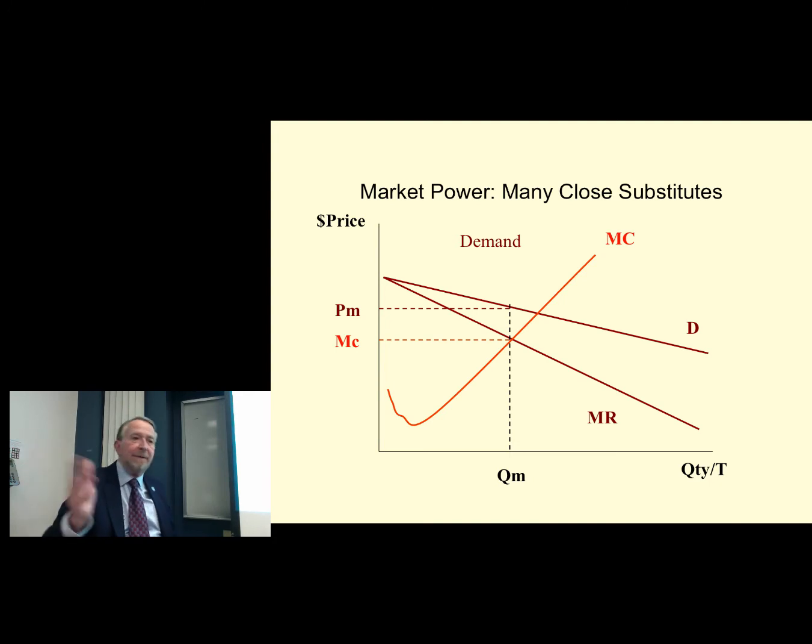There's Chicken of the Sea. Who came up with that name, right? Bumblebee tuna. And so the markup of price to marginal cost is very small, about 3 cents per can at retail. They don't have much market power because there are lots of very similar substitutes, but they have some degree of market power. Good.